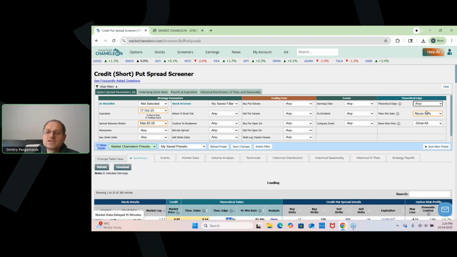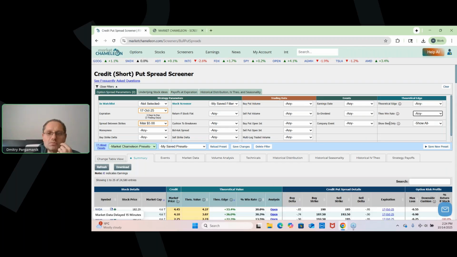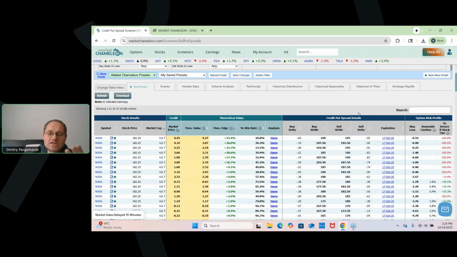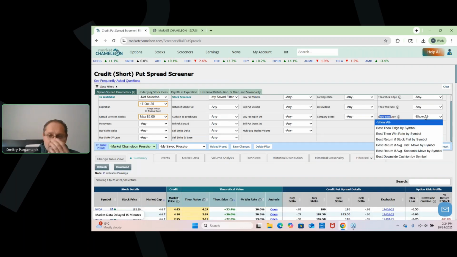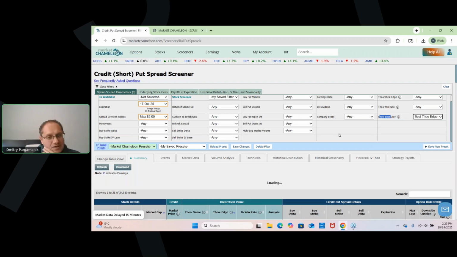If I release these and just said, well, just show me the best, in NVIDIA, let's just say, or any stock, just show me the best one based on something, right? So based on theoretical edge, win rate, the return if the stock is flat. So we could just say, show me best theoretical edge.